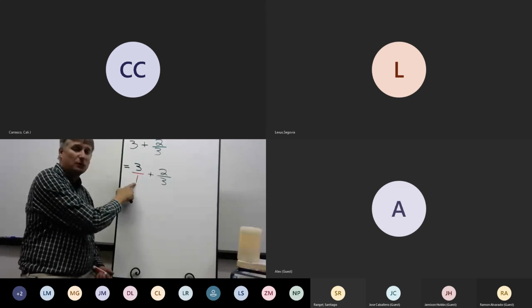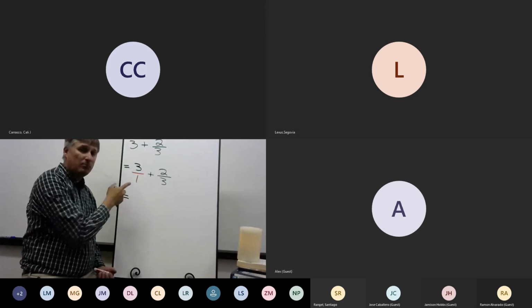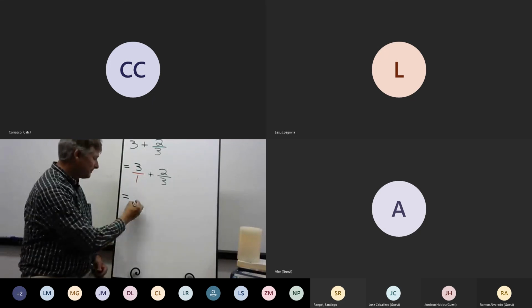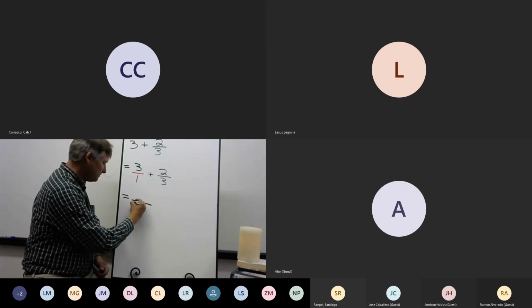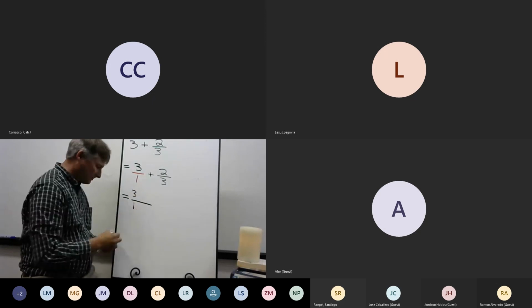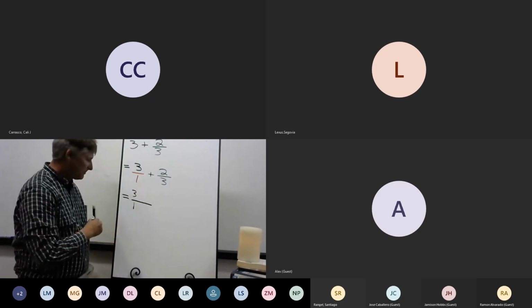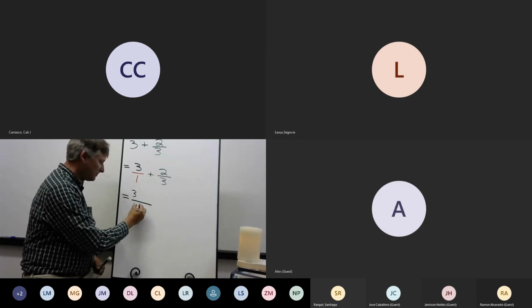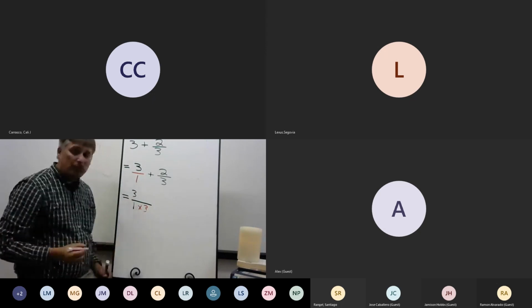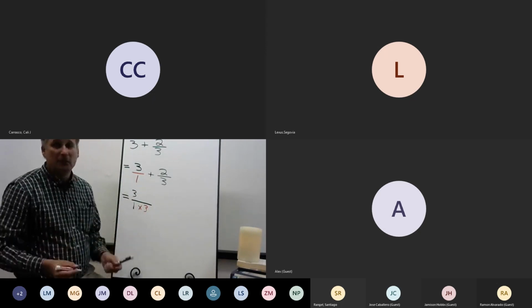We can easily turn 1 into 3 by multiplying by 3. But what we did to the bottom, we have to do to the top.